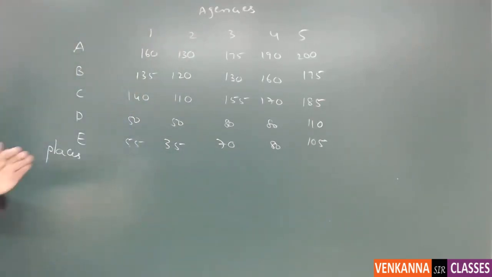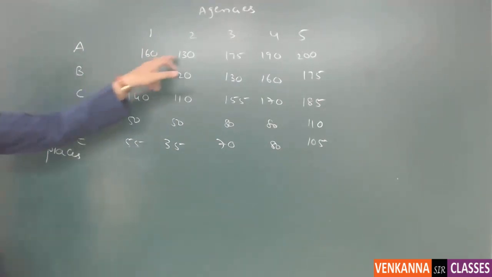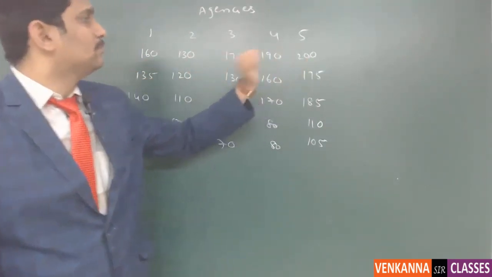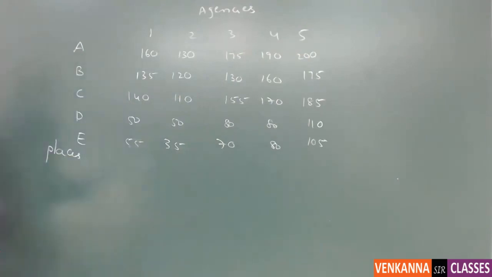So can I write the resultant matrix after subtracting the values? If I subtract 130 here, it will be 30, 0, 45, 60, 40, 70, right? So can I write the values directly?